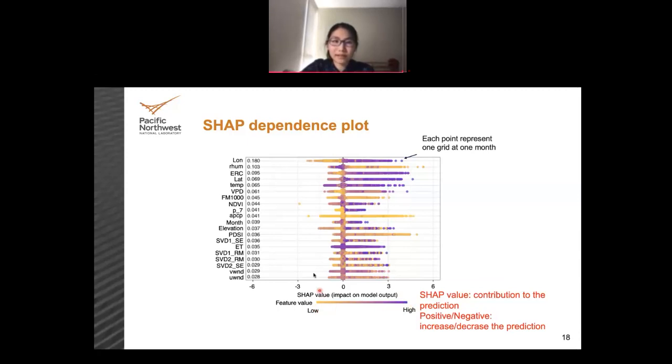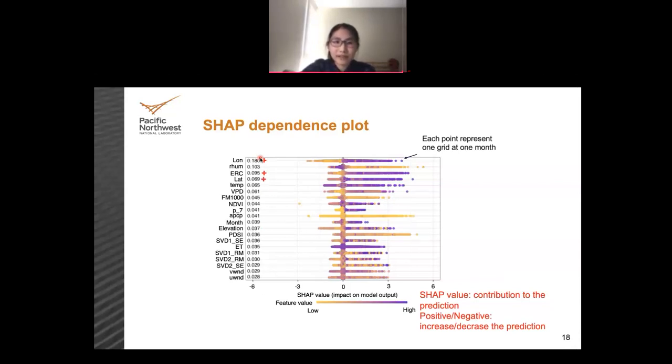So if we look at longitude, when the longitude value is high, meaning more east side, it will have a positive SHAP value, so it will tend to increase the burn area. While for the west side, the lower longitude value will decrease the burn area. So basically, the longitude has a positive relationship with the burn area.